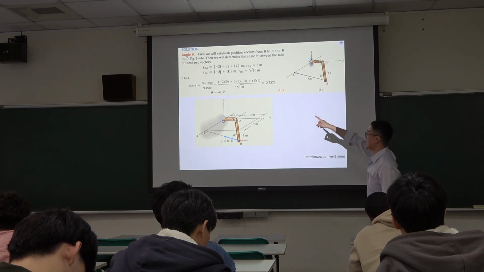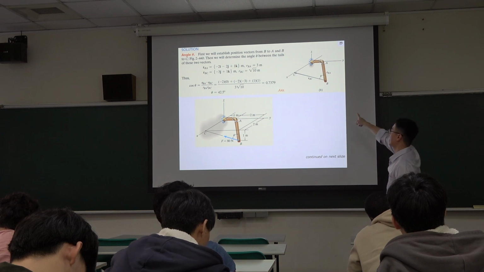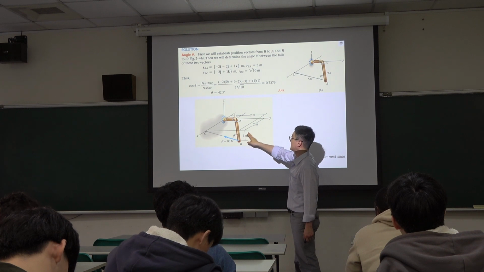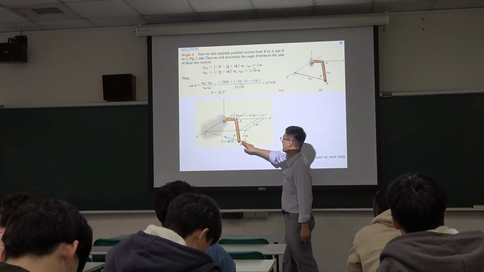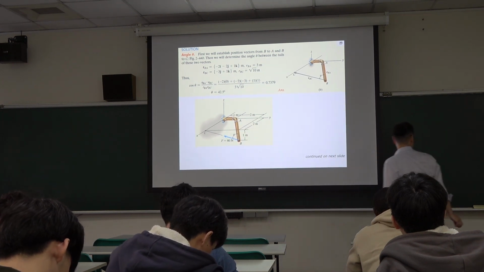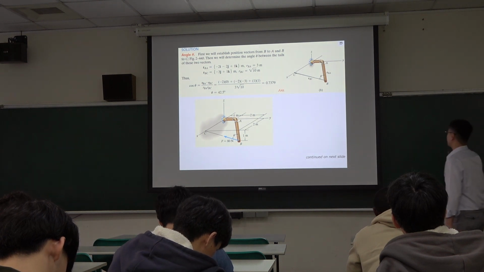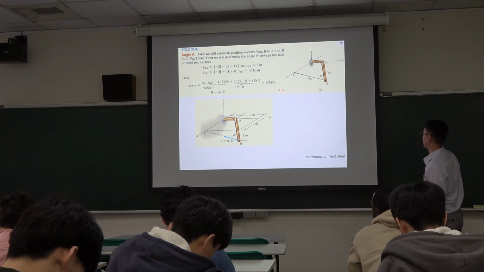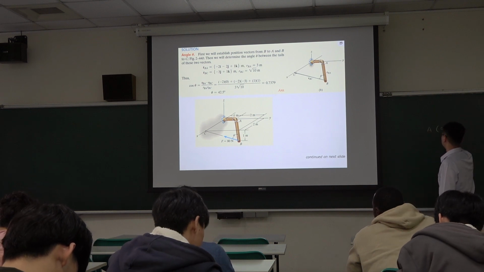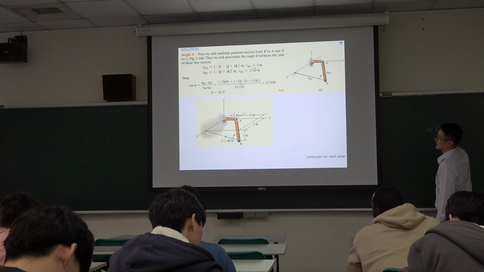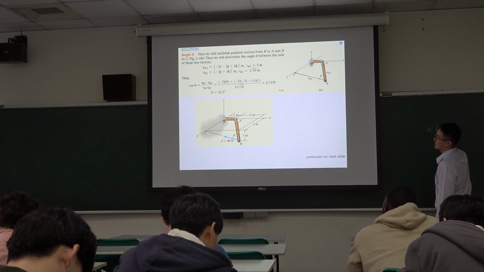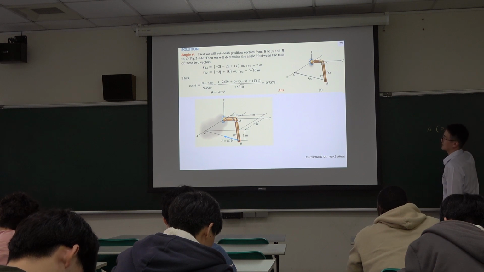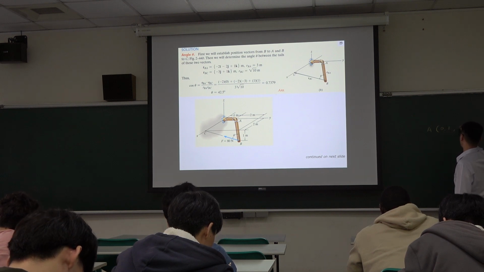Okay, so position vector from B to A, so we use point A minus point B. Point A has x is 0, y is 1, and z is also 0.